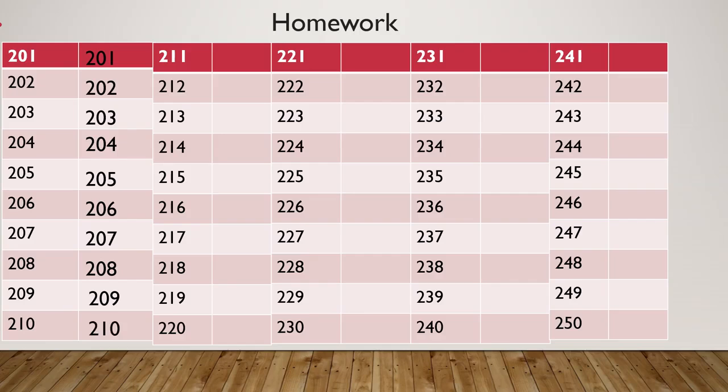Then I will write here 210. Next row is 211, 211. Then I will write here 211. Next is 212, 212. Then I will write here 212. Next is 213, 213. Then I will write here 213. Next is 214, 214. Then I will write here 214. Next is 215.